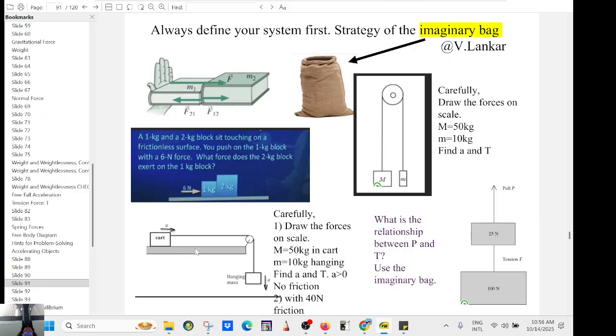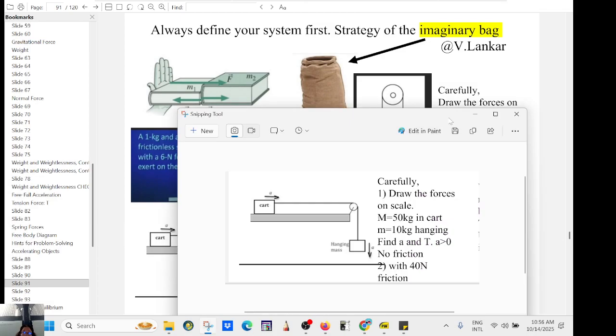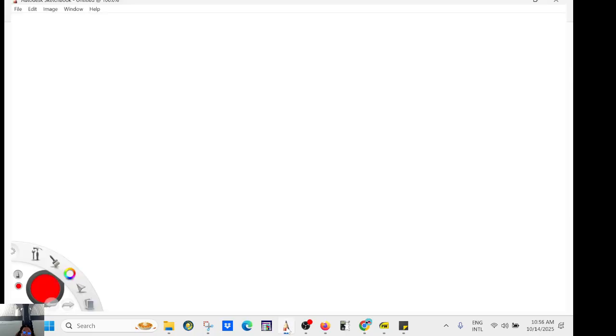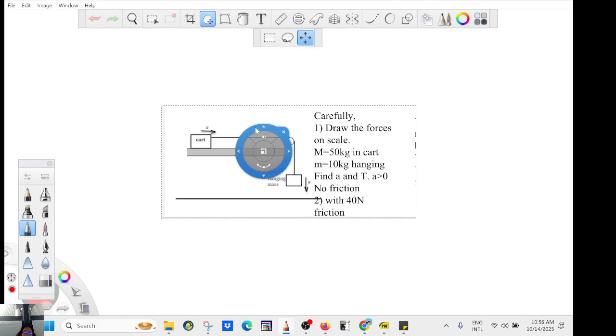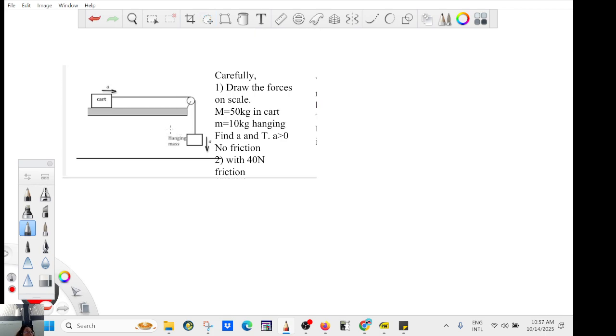Okay, so we're going to apply the same thing to this kind of problem here. So you can think first, you can help each other. Again, you're going to have two ways to do it. This one is accelerating, this one is accelerating.